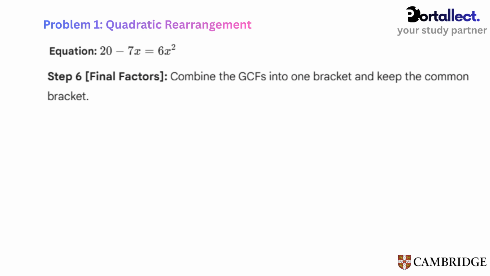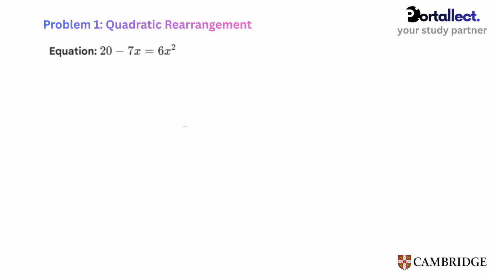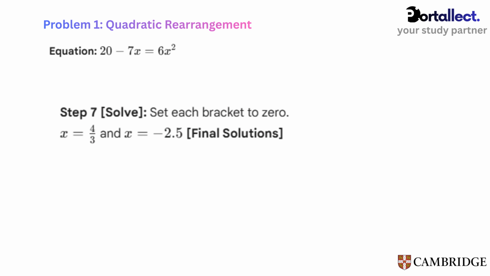From the second pair, we factor out negative 4, which also leaves 2x plus 5. This gives us our two brackets. 3x minus 4 times 2x plus 5 equals 0. Setting each bracket to 0 and solving for x, we find our final roots. x equals 4/3 and x equals negative 2.5.